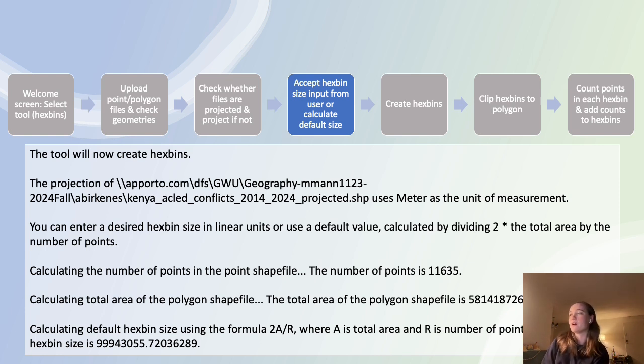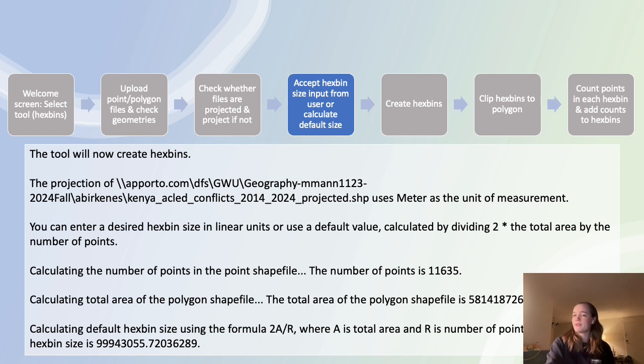of points, and it is about 11,000. And then using a search cursor, the tool is calculating the total area of the polygon shapefile.